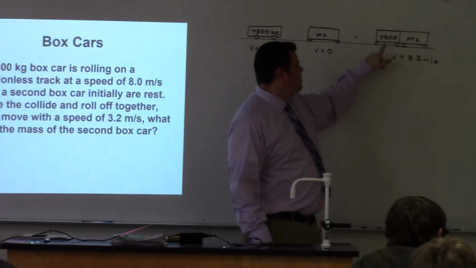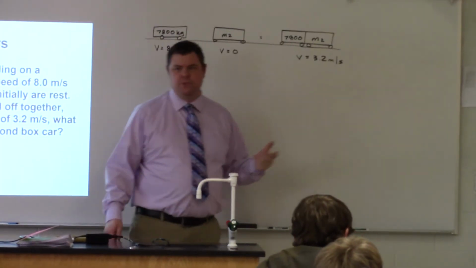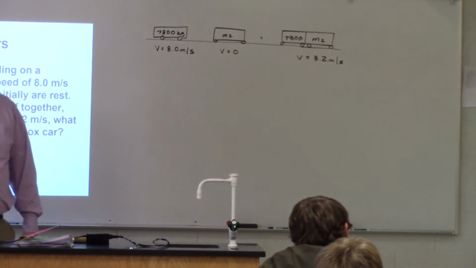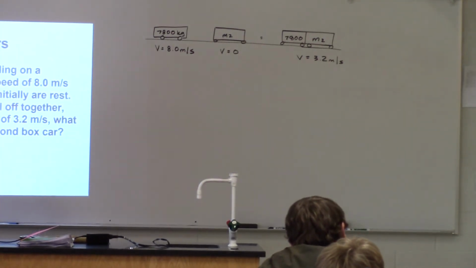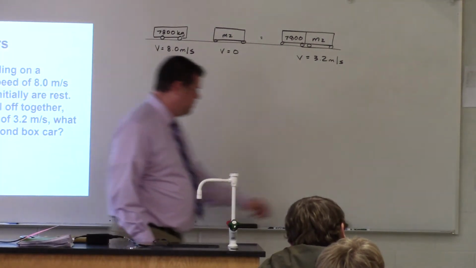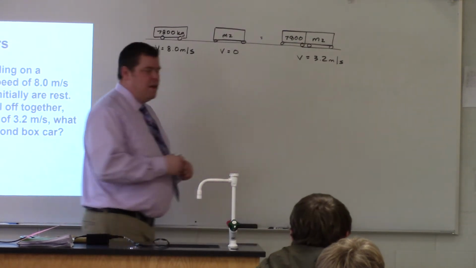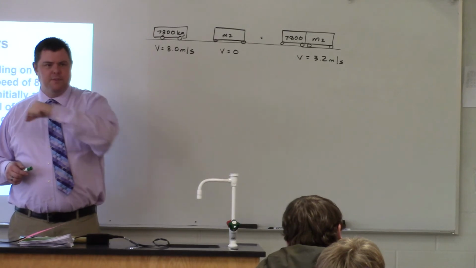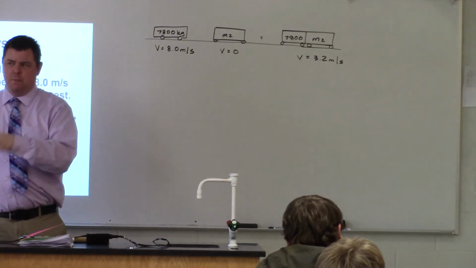So we know the total mass will be 7,800 plus that m2 times the velocity. So this is where it starts getting more important if you can illustrate the picture, because it might not be as clear what it is you're supposed to do here. But in any conservation of momentum problem, you're just doing m times v plus m times v, and you're setting the momentum before equal to momentum after.